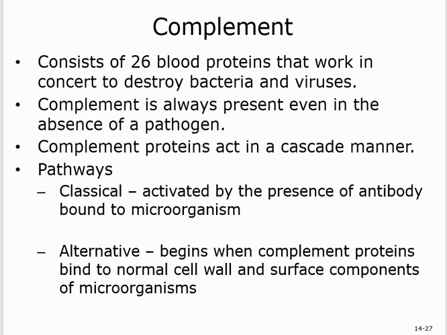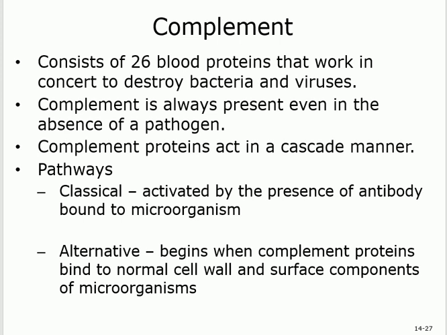How to activate? Two ways, which we call the cascade. Cascade means like a dominoes effect. One after one after one. So the cascade can be a classical pathway or an alternative one. The classical one is an activation because of the presence of antibodies that are bound to microorganisms.